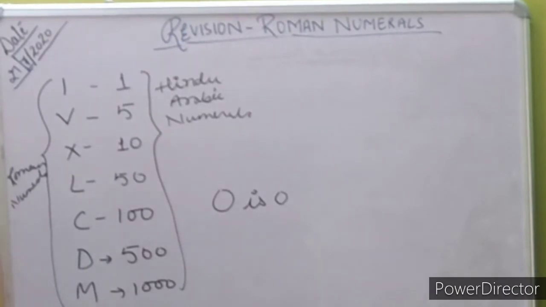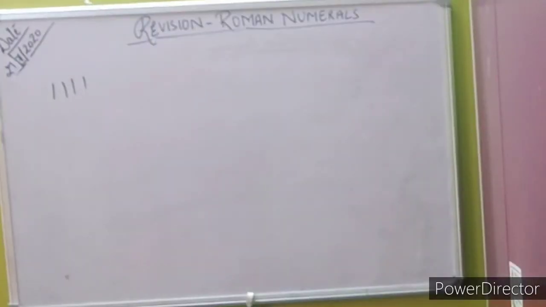Rule number 1 is repetition of a Roman numeral means addition. If there is repetition of a Roman numeral like VV, XX, II, then it means addition.